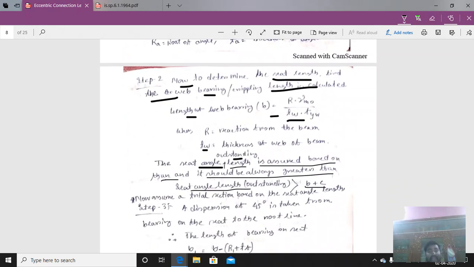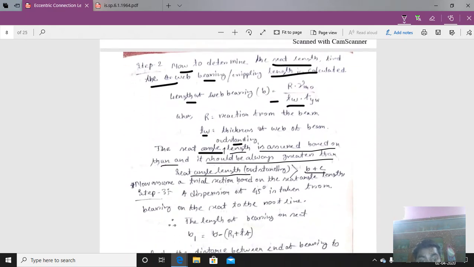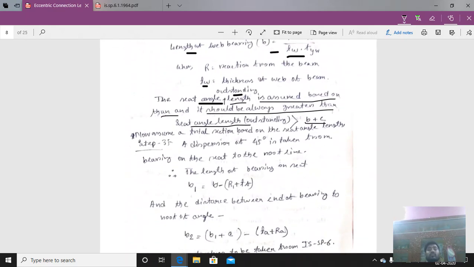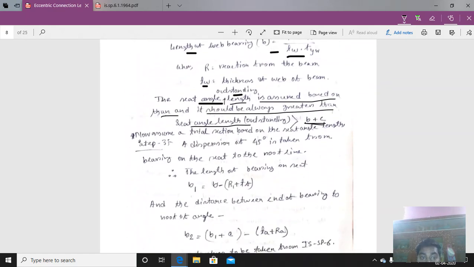The outstanding length of the angle that we will use should always be more than this value, B plus C. So the extra clearance here, plus the length of the web bearing, B. B plus C, it should be greater than that. Based on this value, a trial angle section for the seat angle has to be assumed.